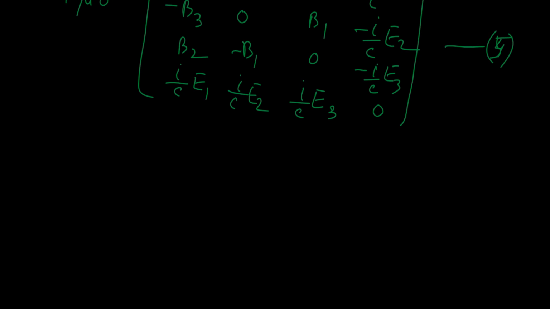And as we have seen, F mu nu is equal to minus F nu mu. It means it is an antisymmetric tensor. And this very tensor F mu nu is known as the electromagnetic field tensor.